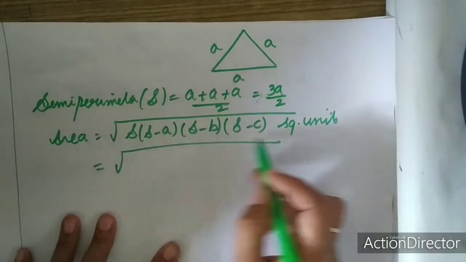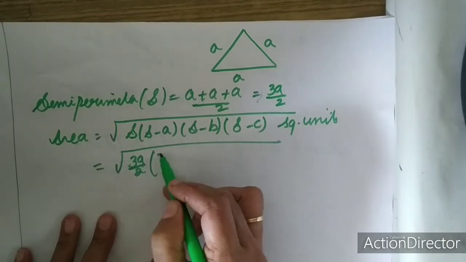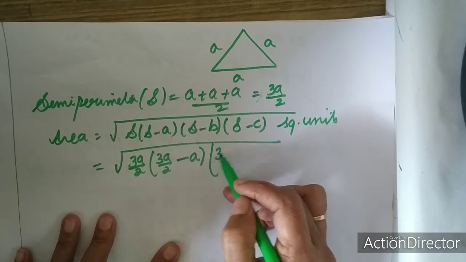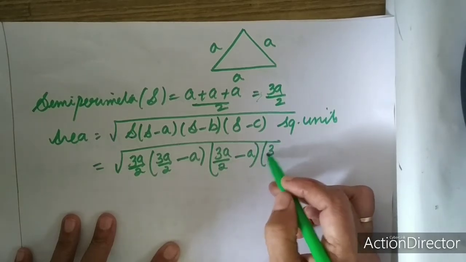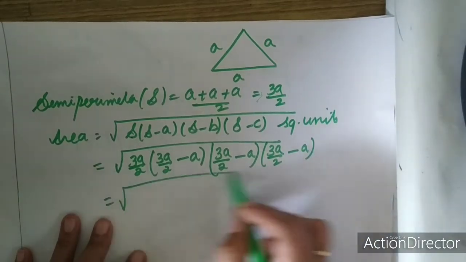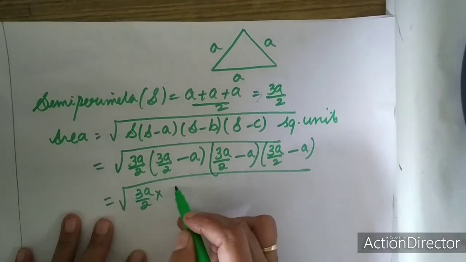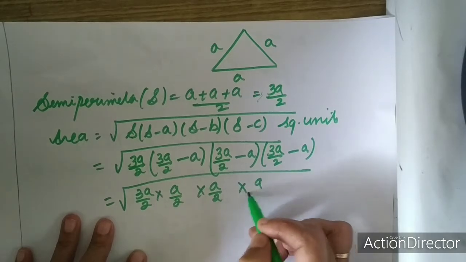So this is equal to, what is S? 3A upon 2 multiplied by (3A upon 2 minus first side A), (3A upon 2 minus second side, which is also A), and (3A upon 2 minus third side, which is also A). So now I can take LCM and write it as 3A upon 2 into A upon 2 into A upon 2 into A upon 2.